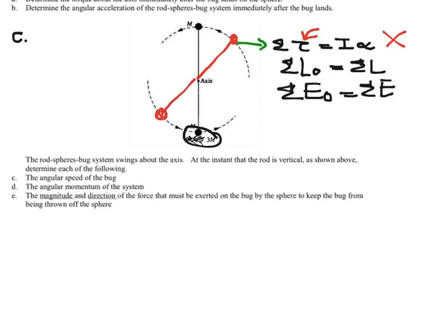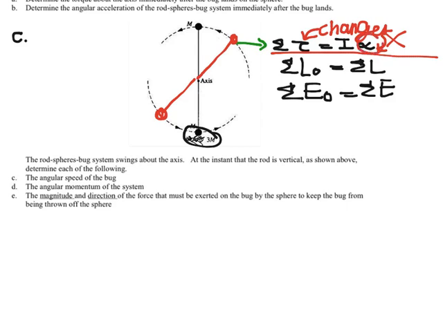Okay, so if our torque is changing, then alpha, our angular acceleration, is going to change, and what that means is rotational kinematics will not be valid. Okay, because we can only use those equations when we have a constant angular acceleration.